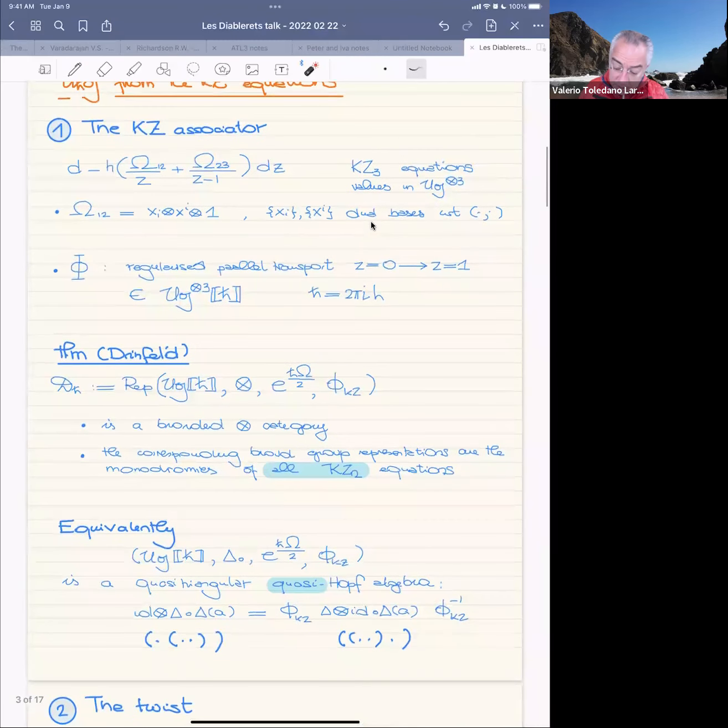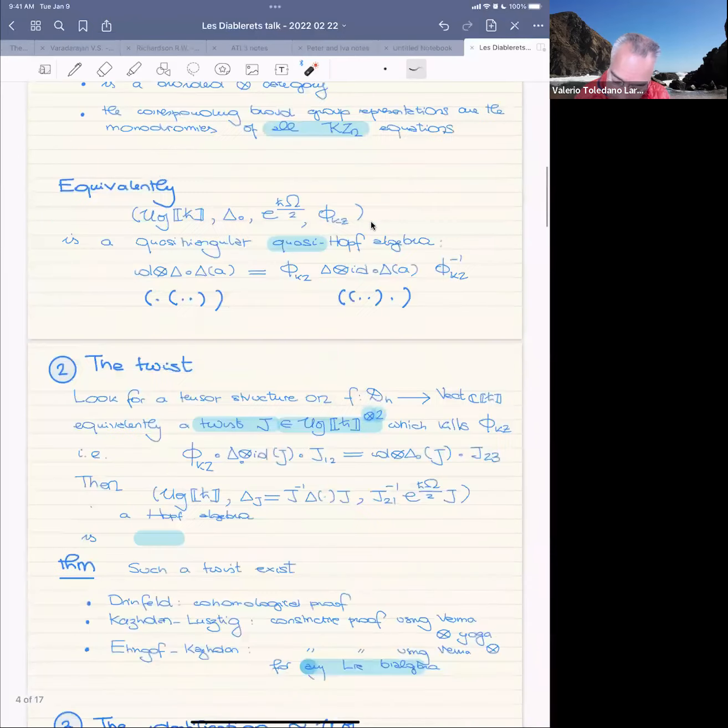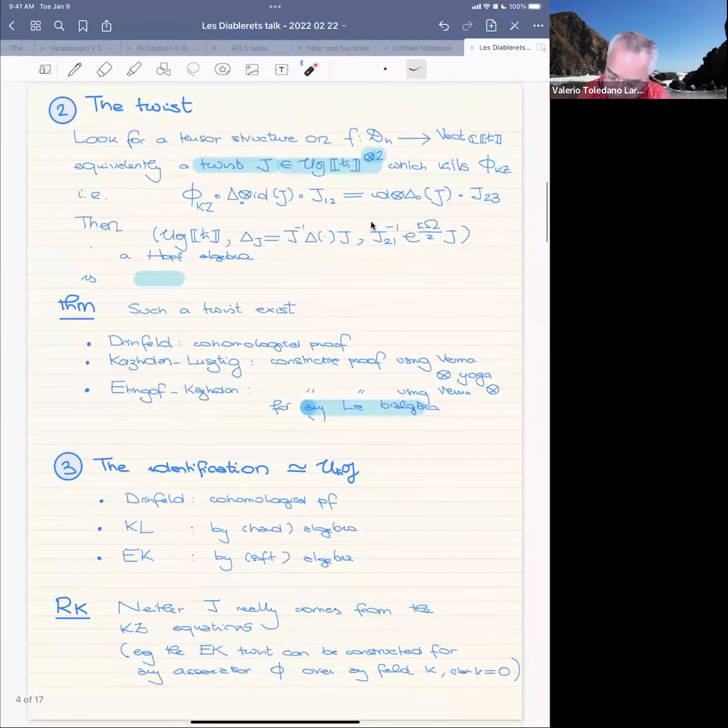Okay, so we want to get to the quantum group, and the first step has delivered something which isn't quite the quantum group, because it's a quasi-Hopf algebra. So it has this associator, and we want to get rid of it now. The second step is to say that in categorical terms, you would look for a tensor structure on the functor.